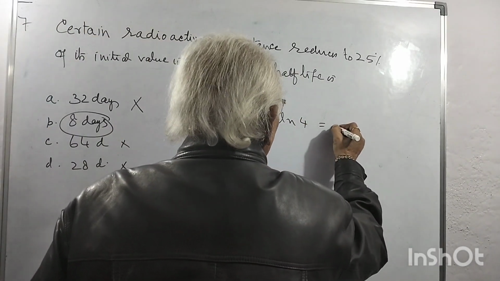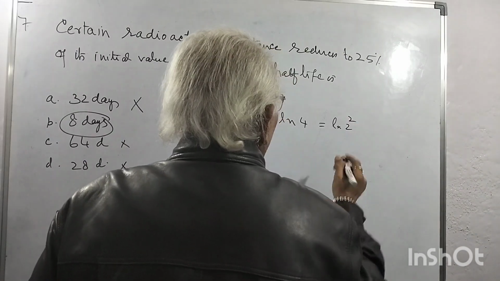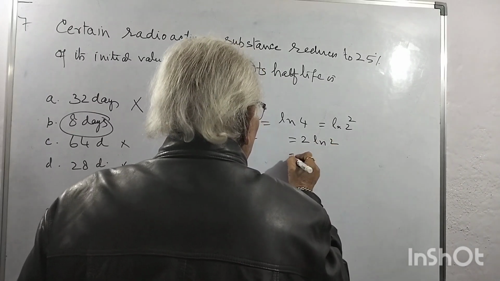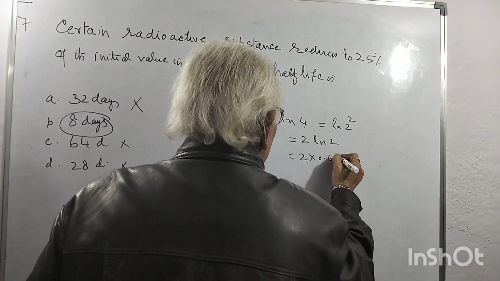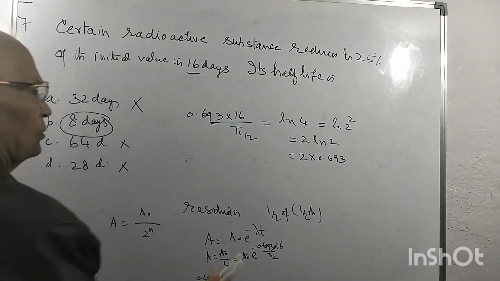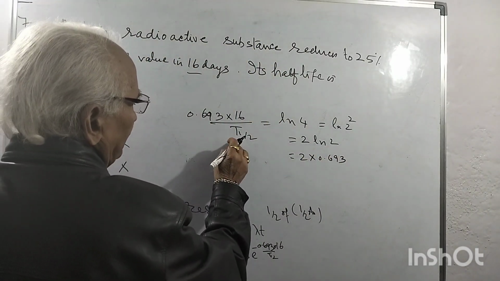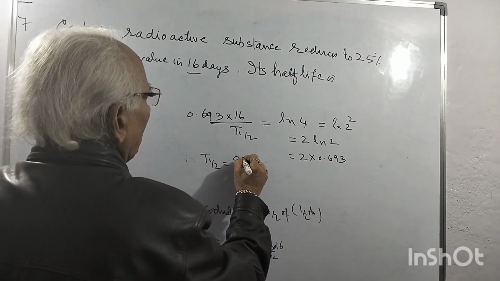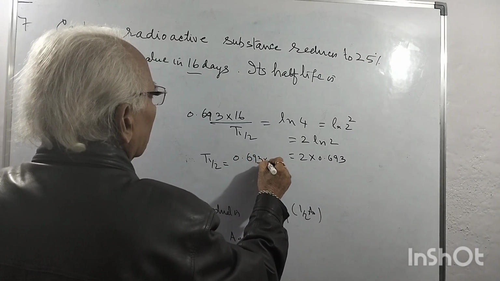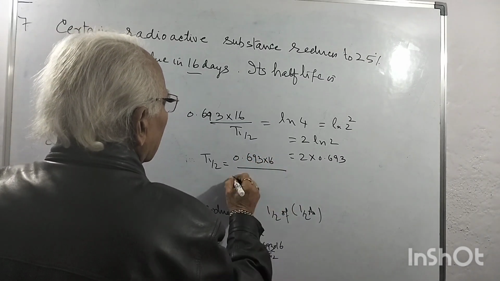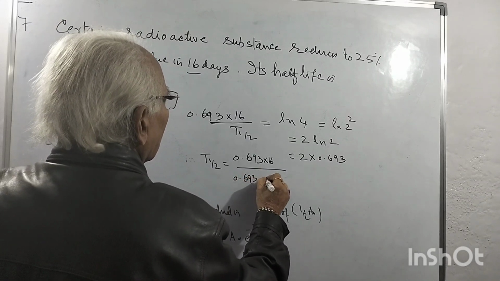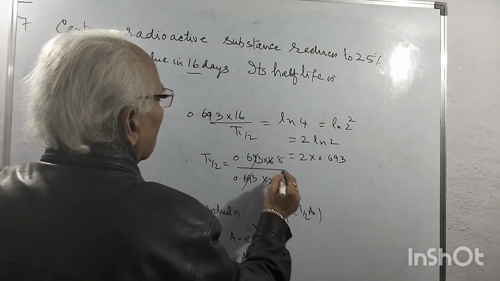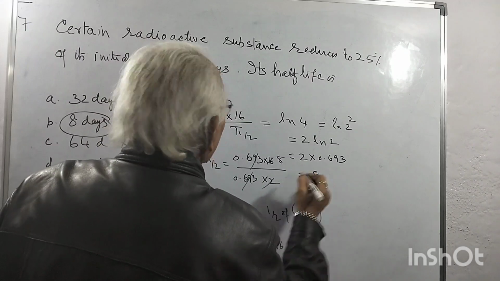Ln of 4 means ln of 2 square, which is twice ln of 2, meaning twice 0.693. Now you can find t half. t half is equal to 0.693 into 16 divided by 0.693 into 2. So this cancels, and t half is 8.